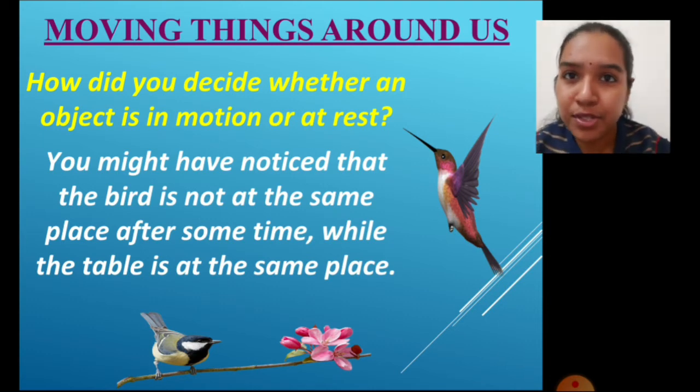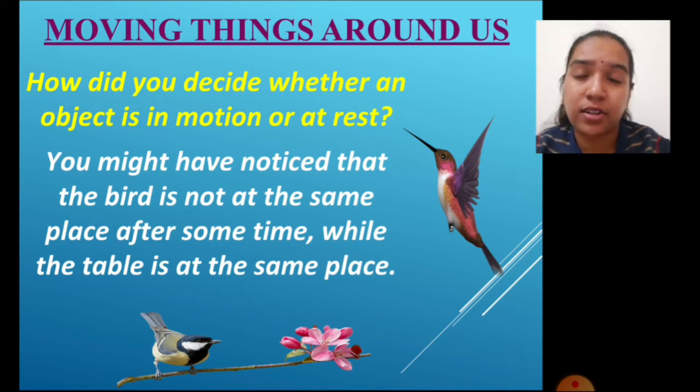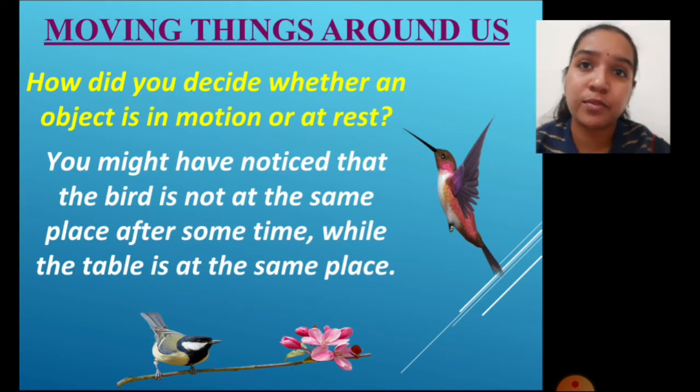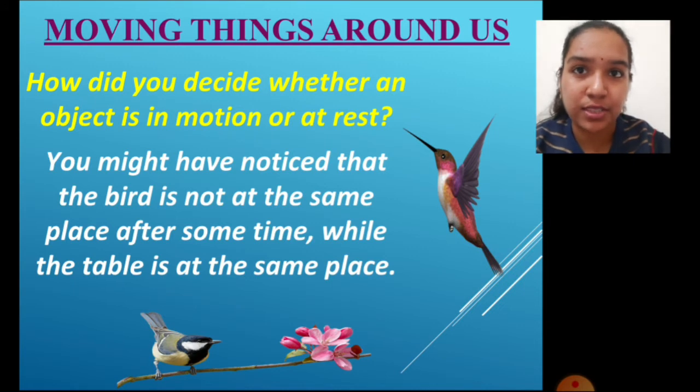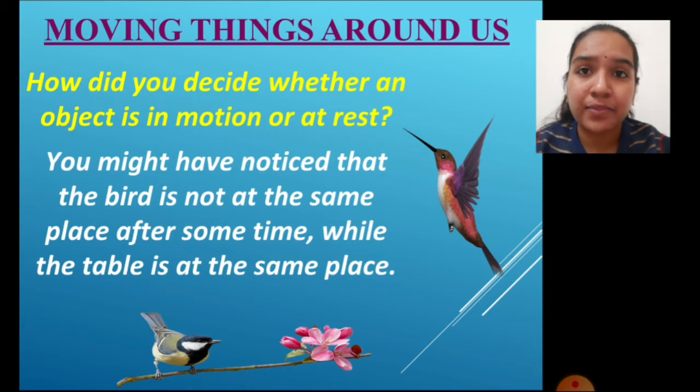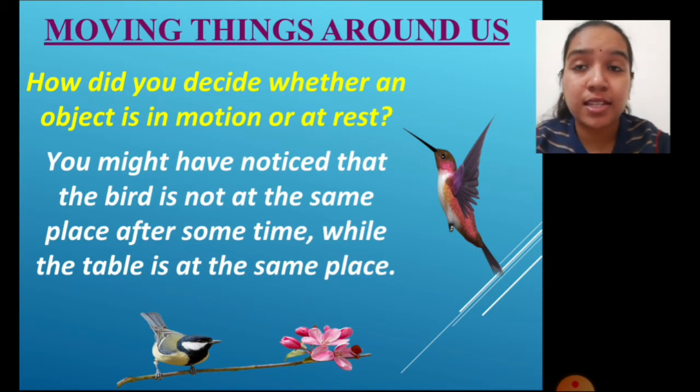So, on observing, you might have understood that the differentiation you have made of these objects, which are at rest and those which are moving, can change from time to time. So this is one activity we have observed, that where the objects which are at rest can move after some time and those which are moving can come to rest after some time. So this is the observation we have seen in this activity.